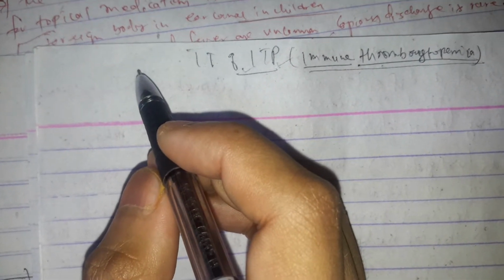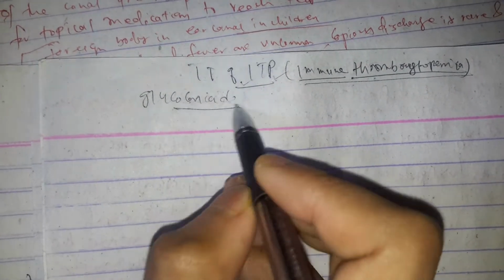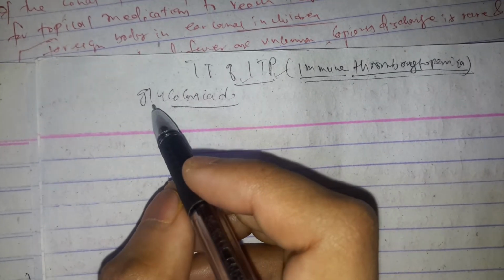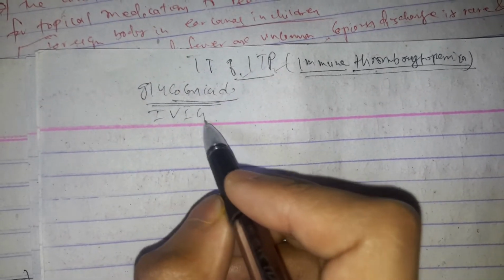So first line treatment is glucocorticoids, since it is cheap, okay, and can be easily administered. And if the patient does not respond to glucocorticoid, then IVIG is given.